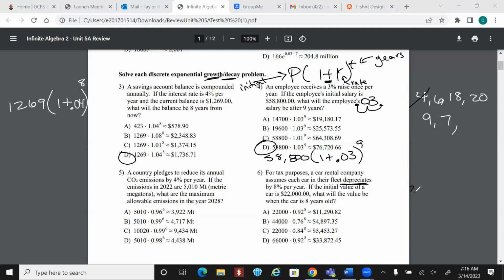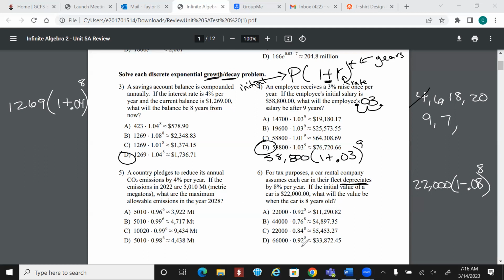Okay, so we start off with 22,000. And we're going to say 1 minus. We want to change our percent to a decimal. So what is that going to be? 0.08. And then the number of years, 8.